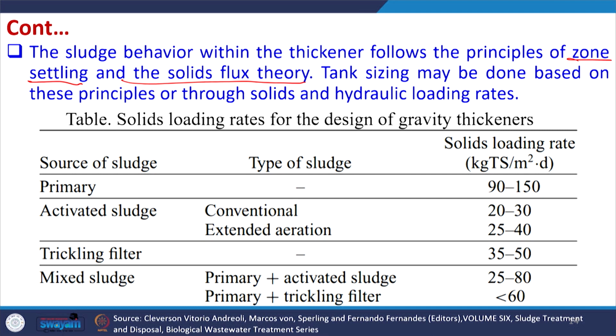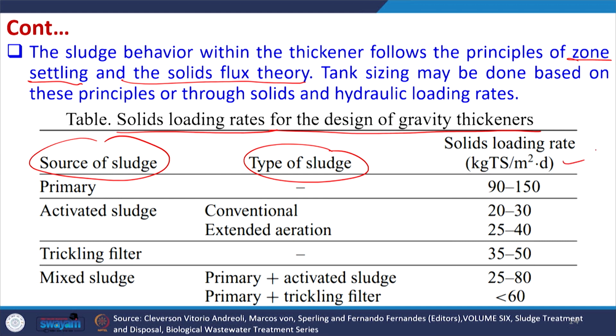There are different solids loading rates for the design of a gravity thickener, and depending upon the source and type of sludge, the solids loading rate may vary. If the source of sludge is primary, we can take 90 to 150 kg of TS per meter square per day.